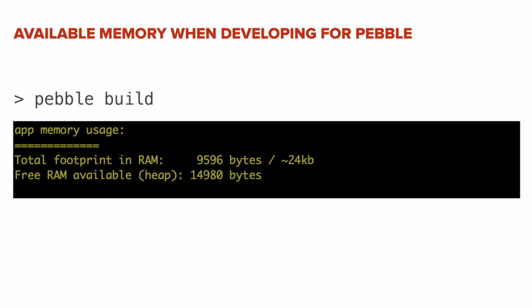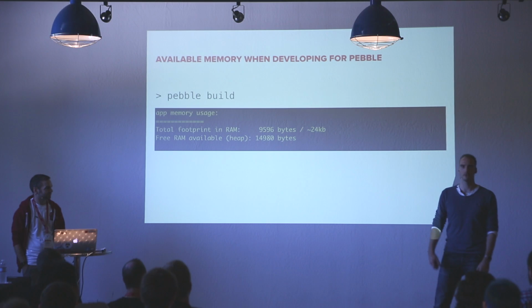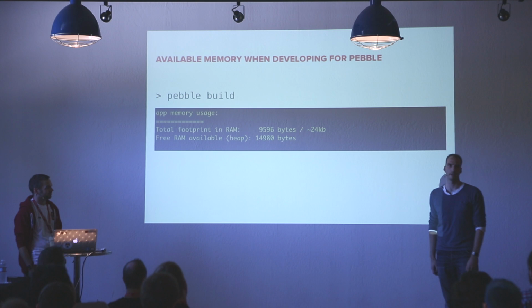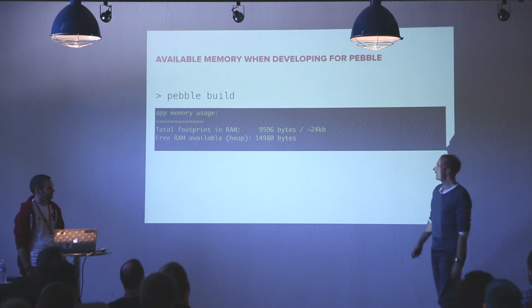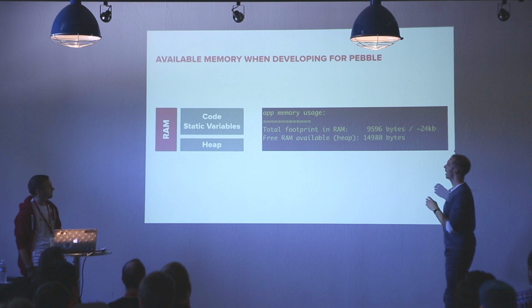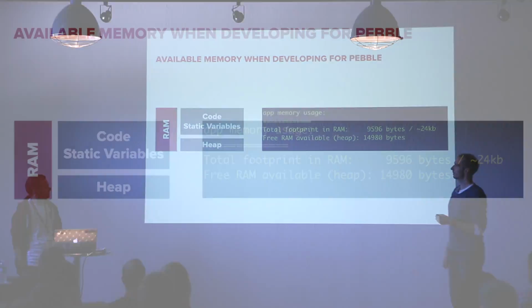Whenever you try to do something like printf, you will see it won't compile anymore. It's too large. Or when you put in all the little snippets you find on Stack Overflow, your code is too large. And once you use some floating points, another few Ks are being added to your code space. And in the end, that is quite interesting to look at. So it says you have footprint and then also available heap.